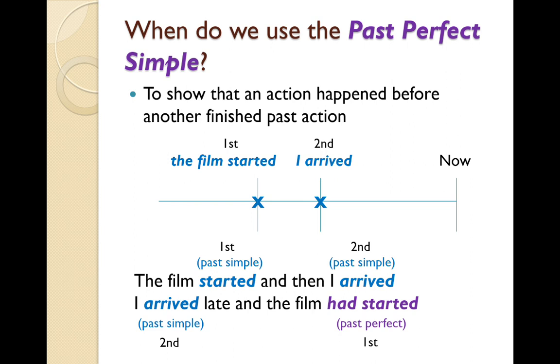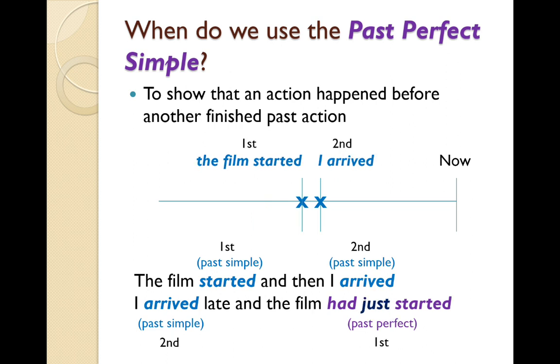And we can say a similar thing, we can use the adverb already. I arrived late and the film had already started. Use already when an action happens a bit sooner than we might expect. And we could also use just. I arrived late and the film had just started.